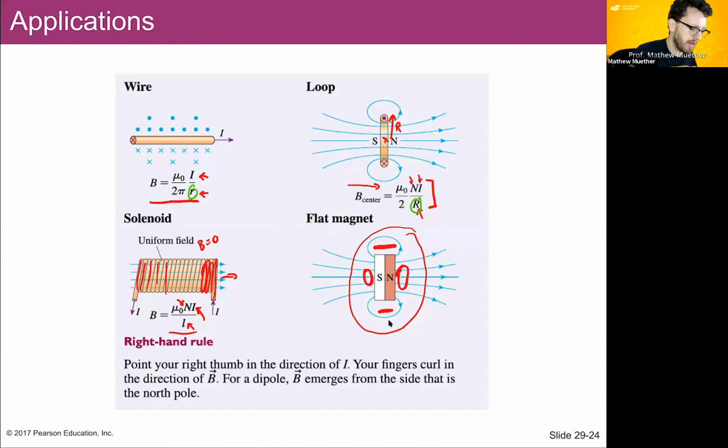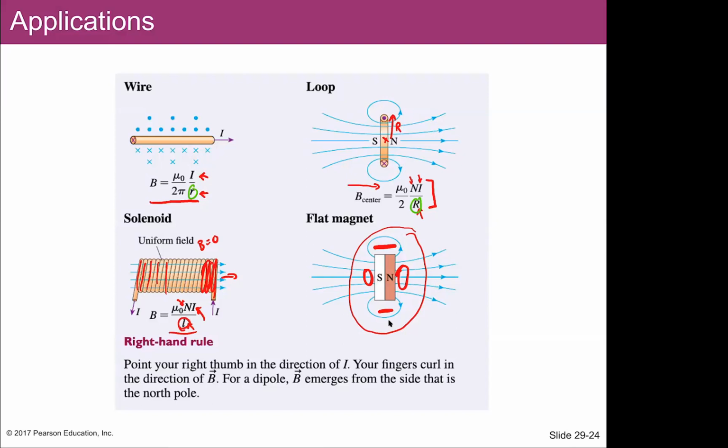I think your book goes through the example, but you're essentially stacking up these different contributions, and it turns out that the radial part of it drops out, and what you care about is that length, basically.